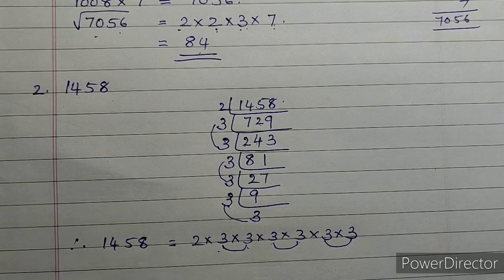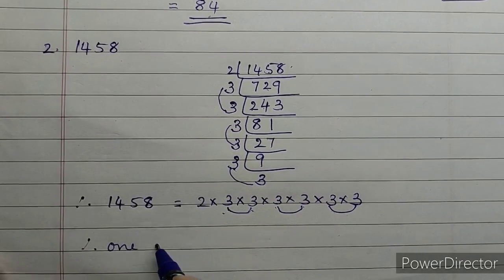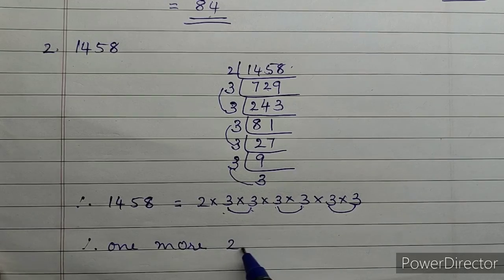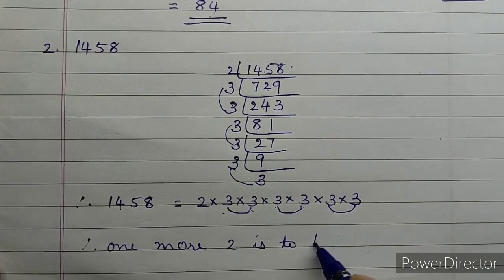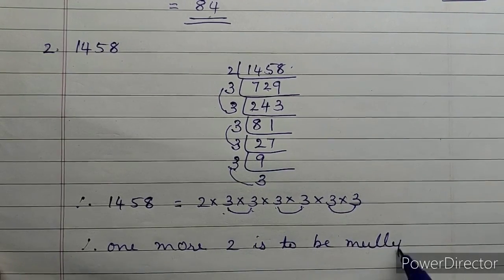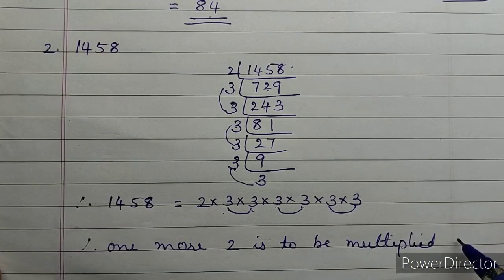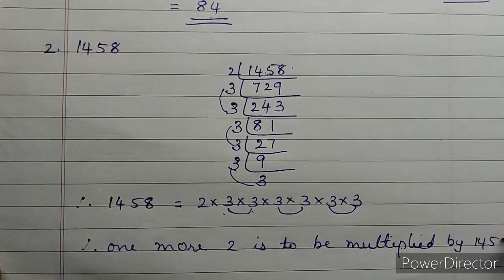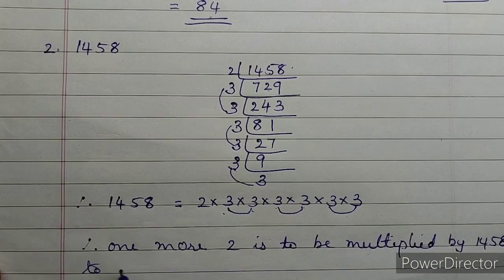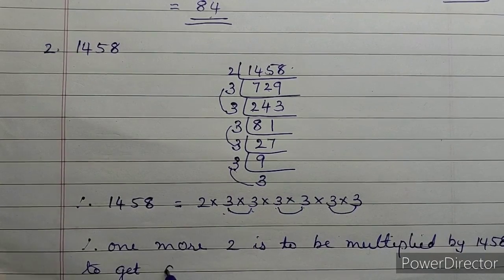So therefore, one more 2 is to be multiplied by 1458 to get a perfect square.